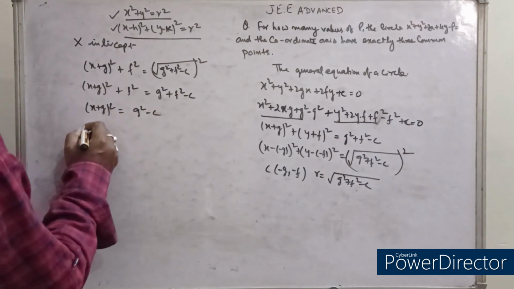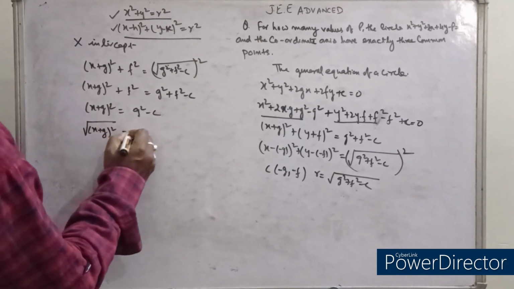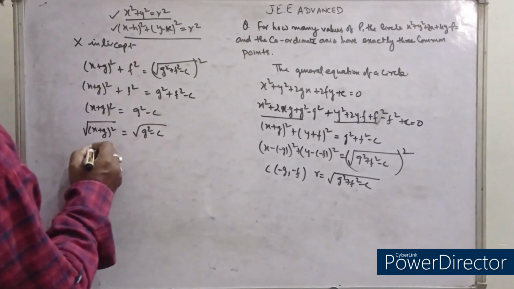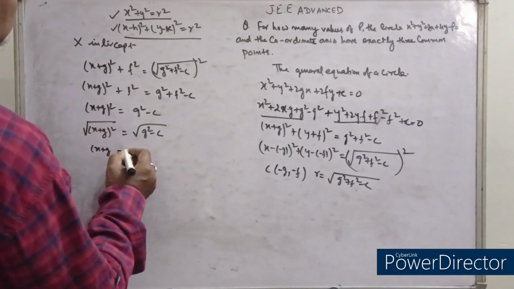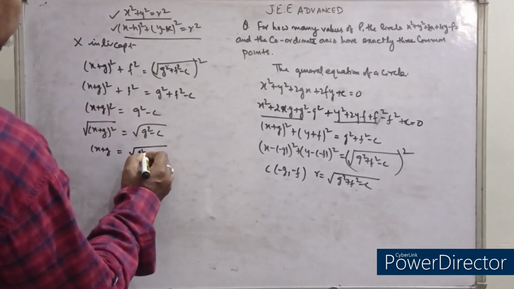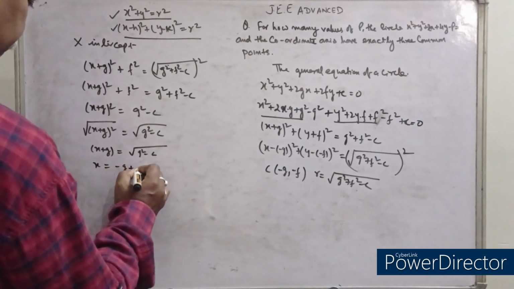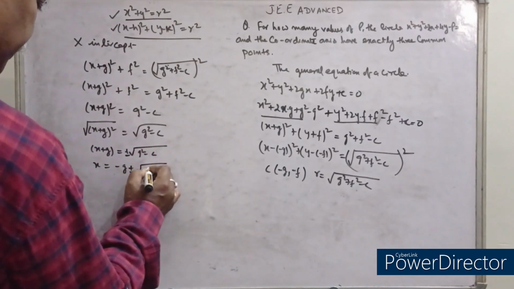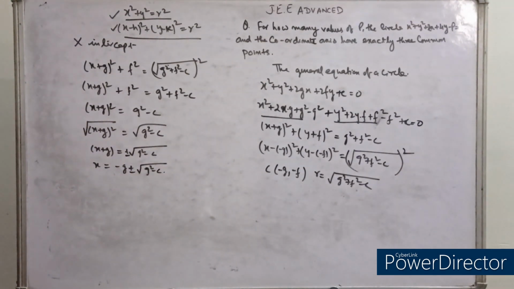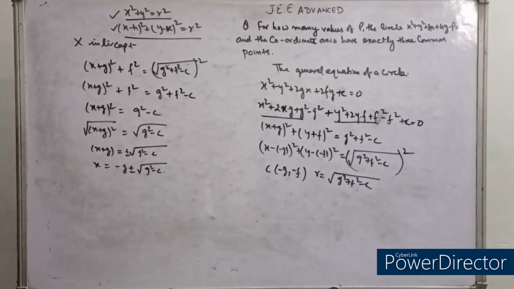If you take the square root on both sides, x plus g will be plus minus root over g square minus c. So x will be minus g plus minus root over g square minus c.